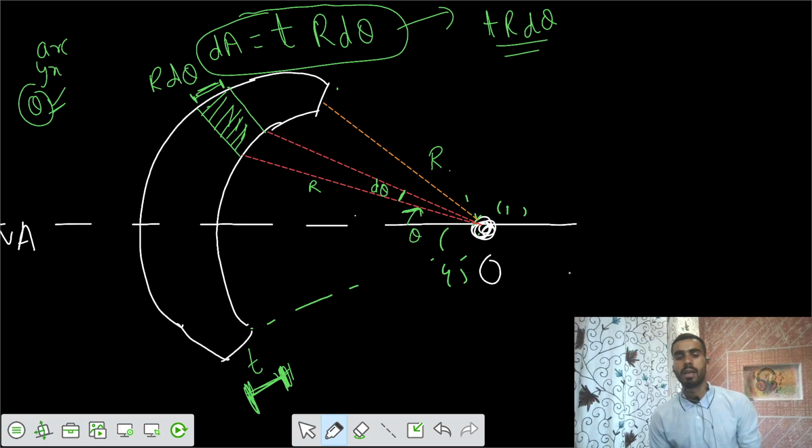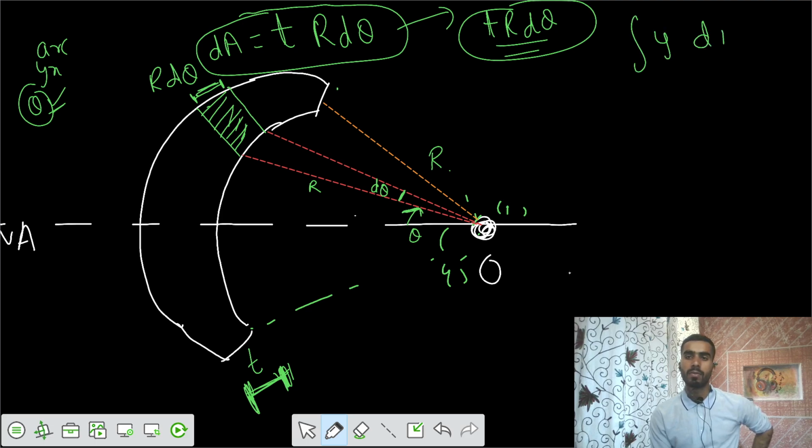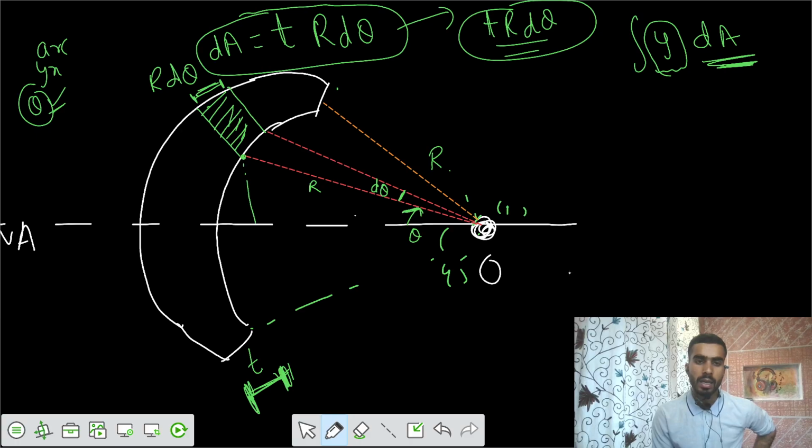Now we have to calculate the first moment of area and the second moment of area. For that we got the value of dA. Now we need the value of y. So you go to some point A at a distance of y from the neutral axis. That means we go to some theta from the neutral axis.